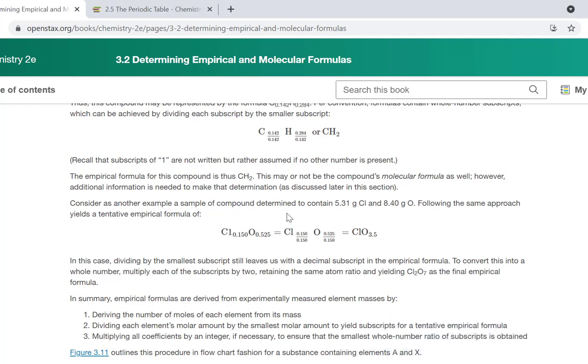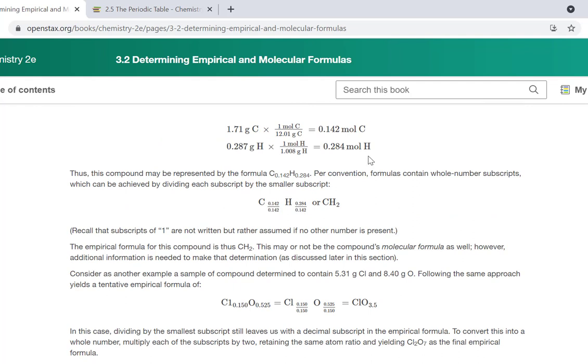Okay, so here we have an example of a compound, and they're giving you the masses, so 5.31 grams chlorine, 8.40 grams oxygen. They're not showing the process of coming to the moles, but if you want a bit of practice, you can do that.